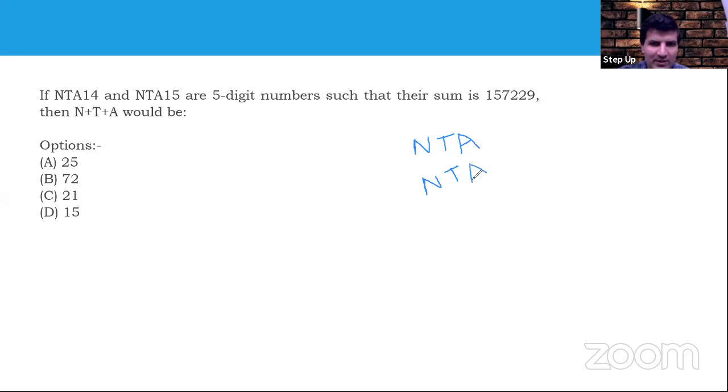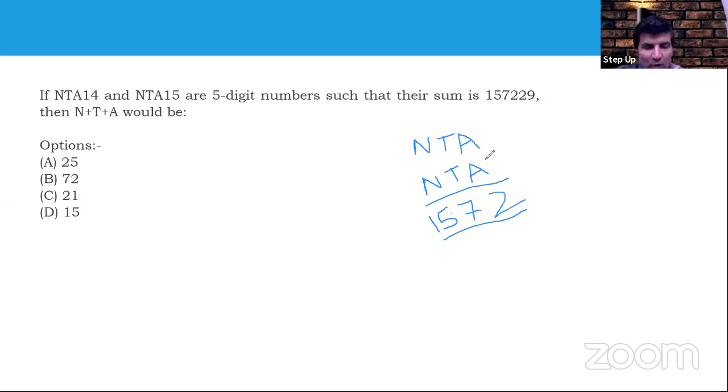So the question is, if I add these two numbers, it was actually about adding these two numbers and getting this sum as 157229, correct? That is what the question is about.